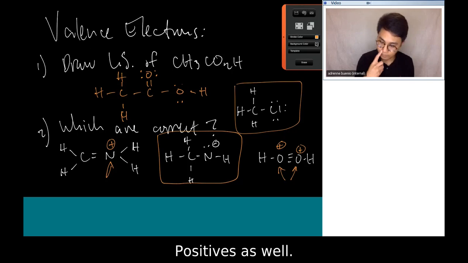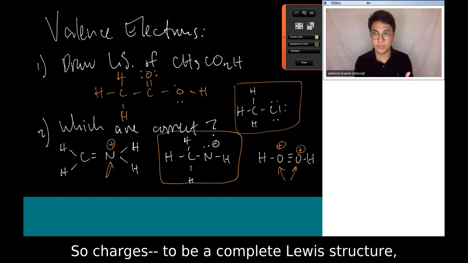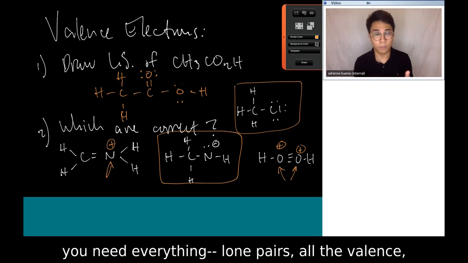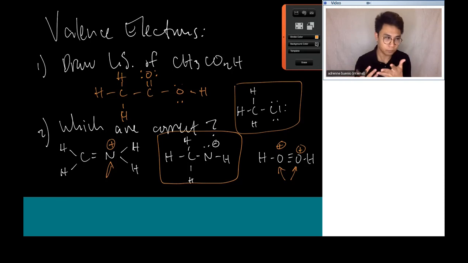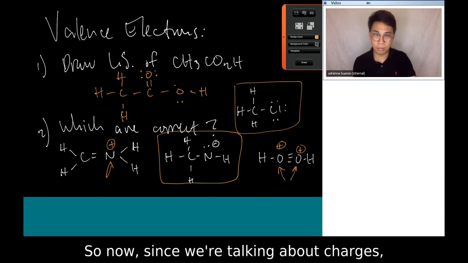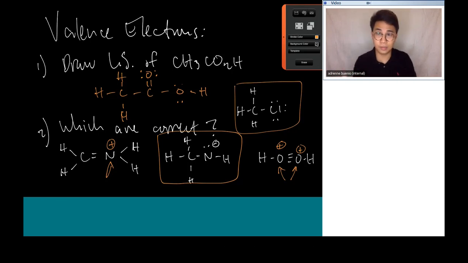To be a complete Lewis structure, you need everything: lone pairs, all the valence electrons, and then charges if they have them, the ions. Okay, so now, since we're talking about charges, let's move on to formal charges.